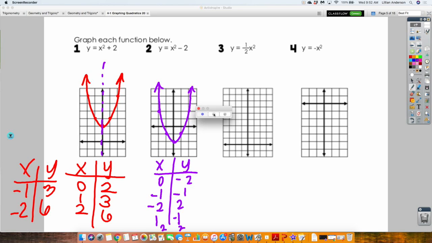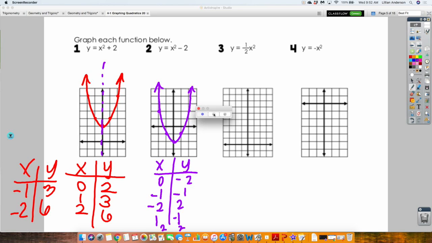Make your table, okay? Let's start with number 1. What's a good point to plug in? 0. Hey, why not? So if I start with 0, 0 squared plus 2, what is that? 2. So (0, 2) is a point on my parabola.